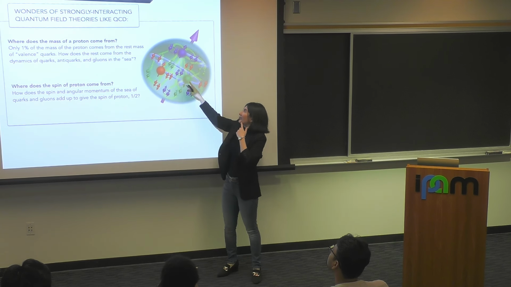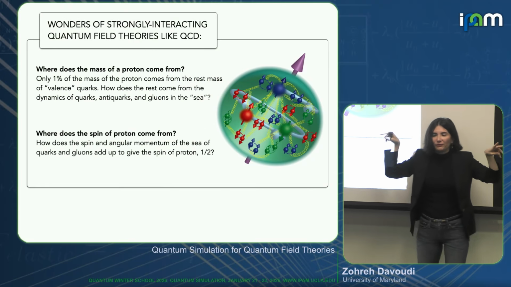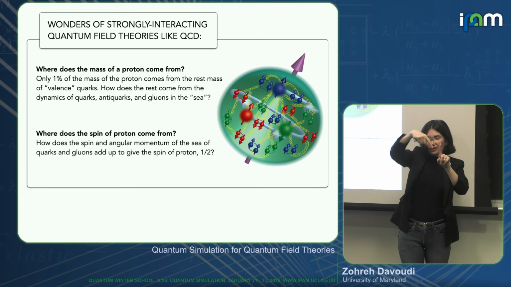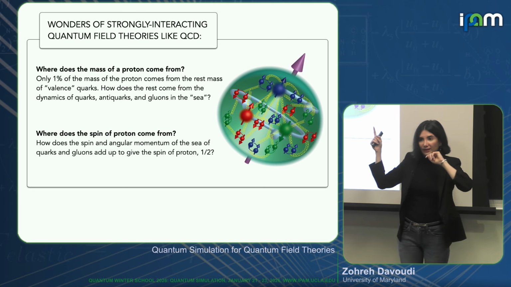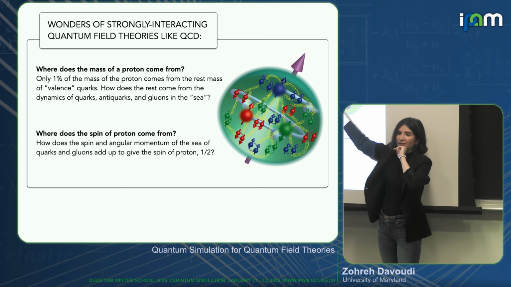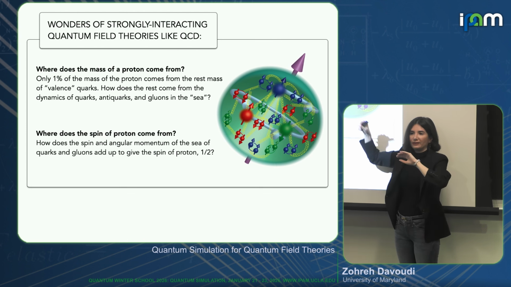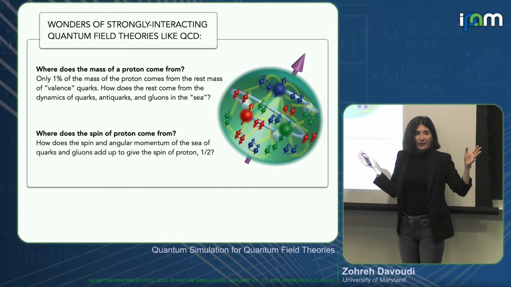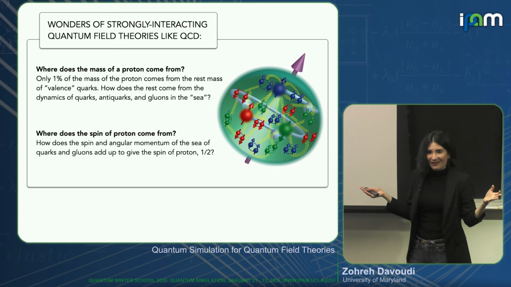The same goes with the spin of the proton. You say, all right, I have 3 objects, all 3 quarks have a spin 1/2, so maybe 2 of them pair to a spin 0, and then there is 1 spin, so I get a spin 1/2, simple, right? But then you say, oh, wait a minute, there's all this dynamics of the gluons, quarks and antiquarks, and they have a spin, they have orbital angular momentum. It's a mess. How would these angular momenta add up to give you a spin 1/2?